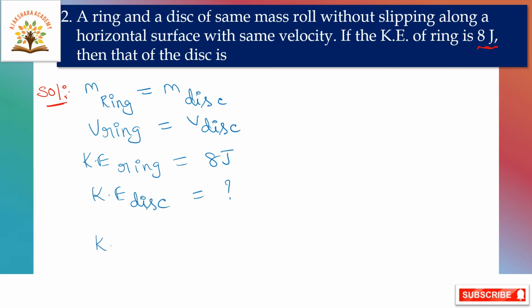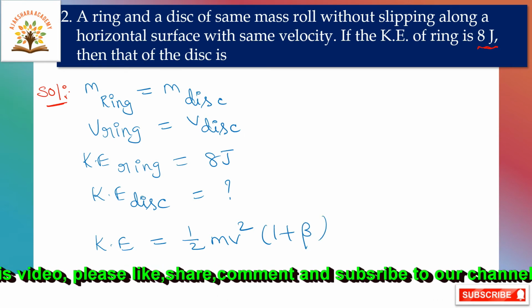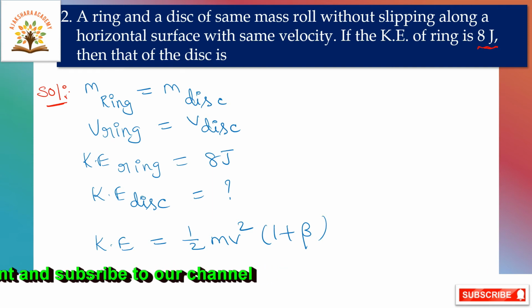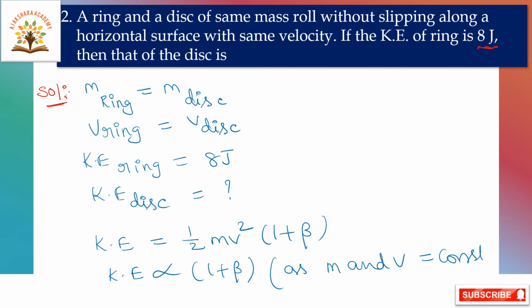So kinetic energy is equal to half m v square into (1 plus beta). As here mass and velocities are constant, this can be written as kinetic energy is directly proportional to (1 plus beta). Why? Because mass and velocity are constant.